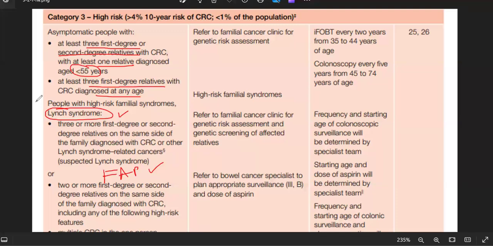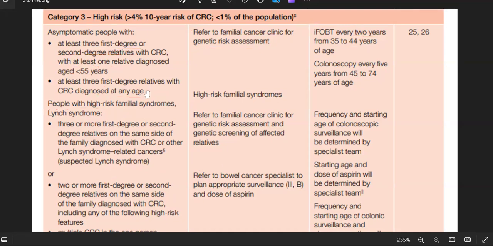Okay? For this group of patients, you have to do FOBT every 2 yearly from 35 to 44 and colonoscopy from 45. These patients, because they are high risk, you also need to refer to a familial cancer clinic for genetic risk assessment. And they also need to be referred to a bowel cancer specialist.